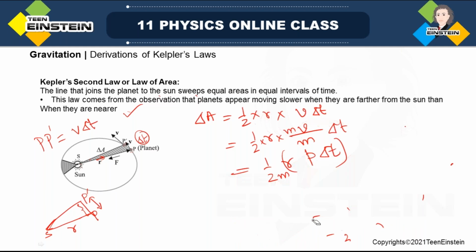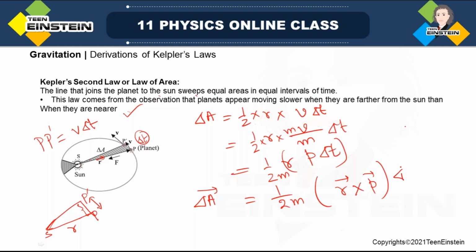and that vector can be written as r cross p into delta t.